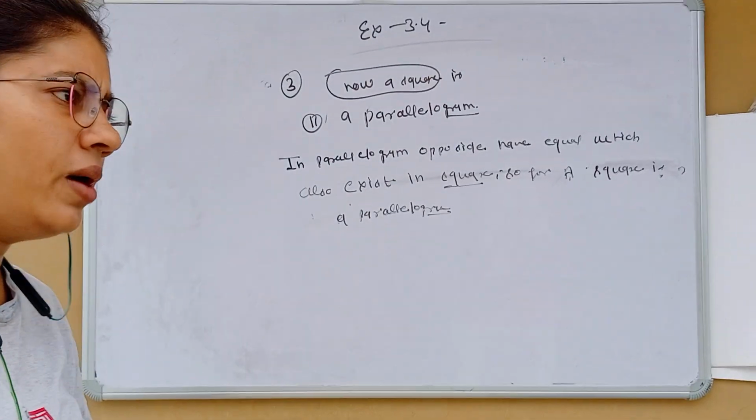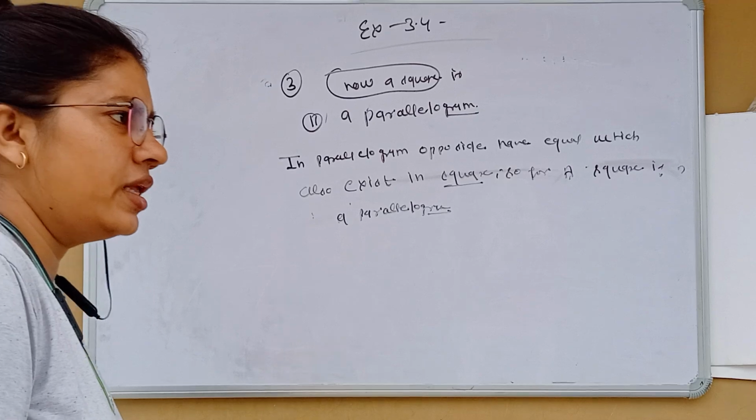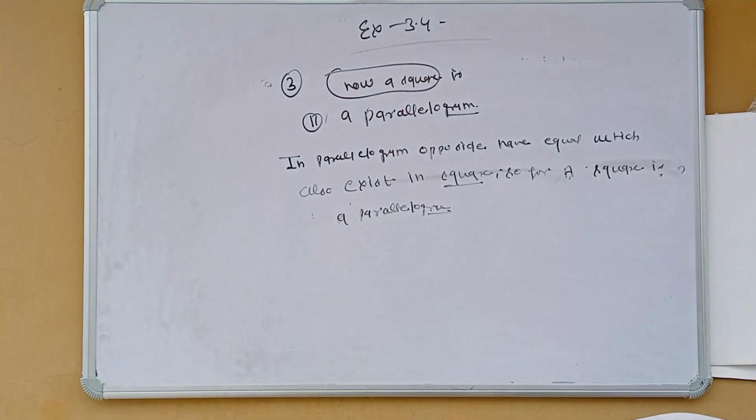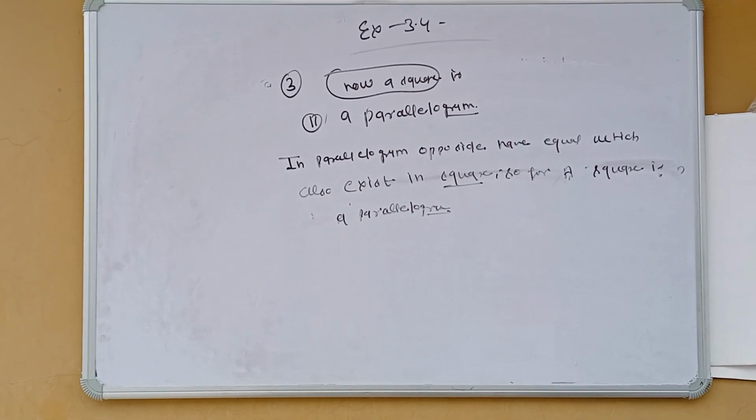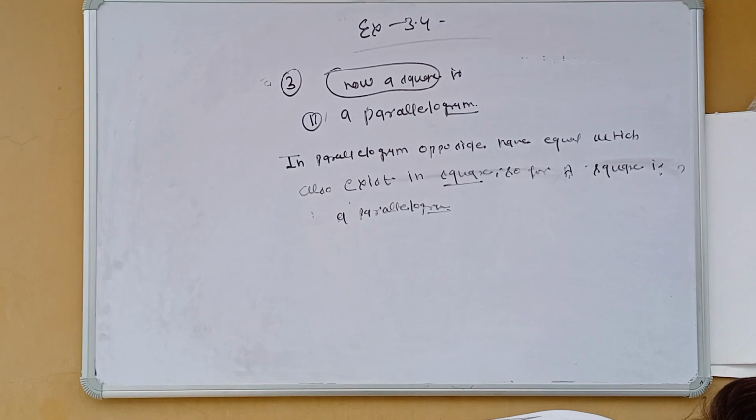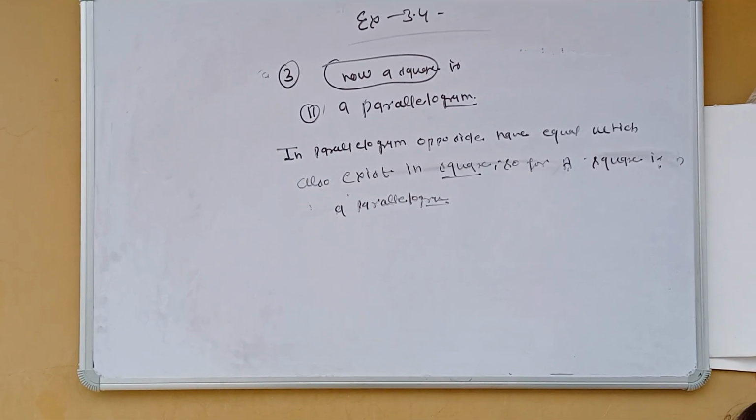In a square also the opposite sides are equal, or we can say that all four sides are equal. So this exists in a parallelogram. Okay, so now we write the next question. First write, then understand the next, third.